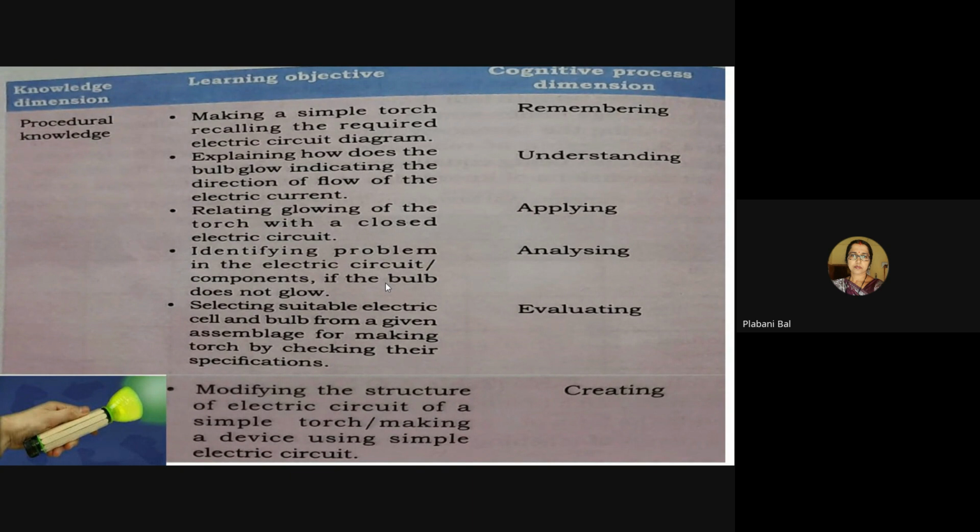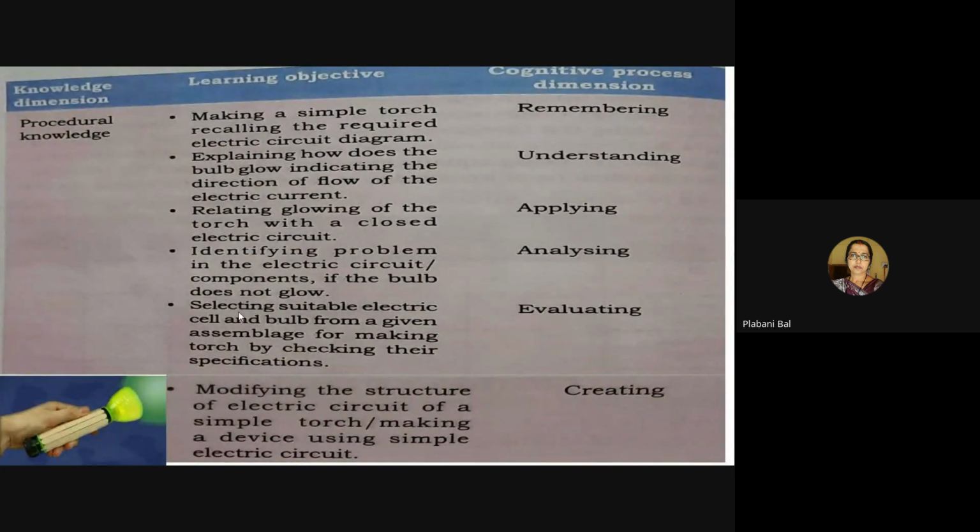At that time, if he is able to identify where the problem is, this is the analysis part, analyzing. That means the cognitive process dimension is analyzing. He is able to analyze the problem and different parts, and he will be able to solve the problem. Then we can say that the learning objective, identifying the problem in the circuit, is achieved.